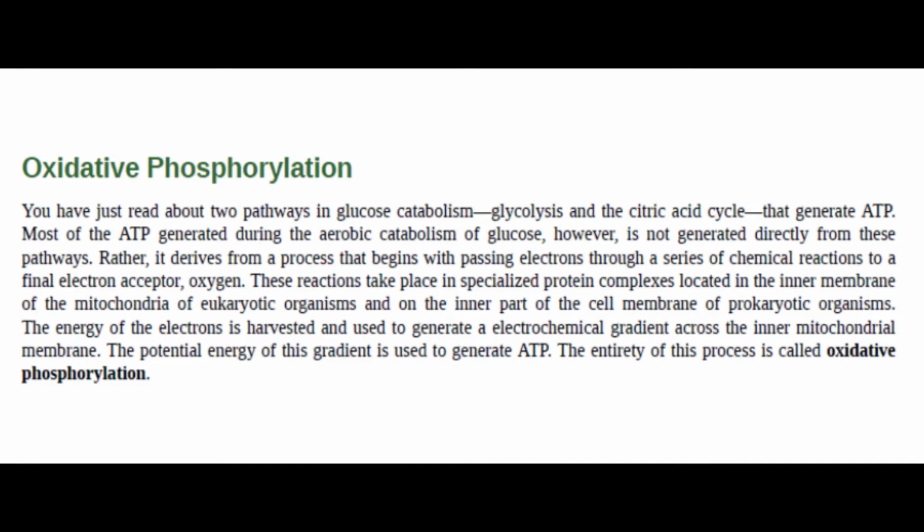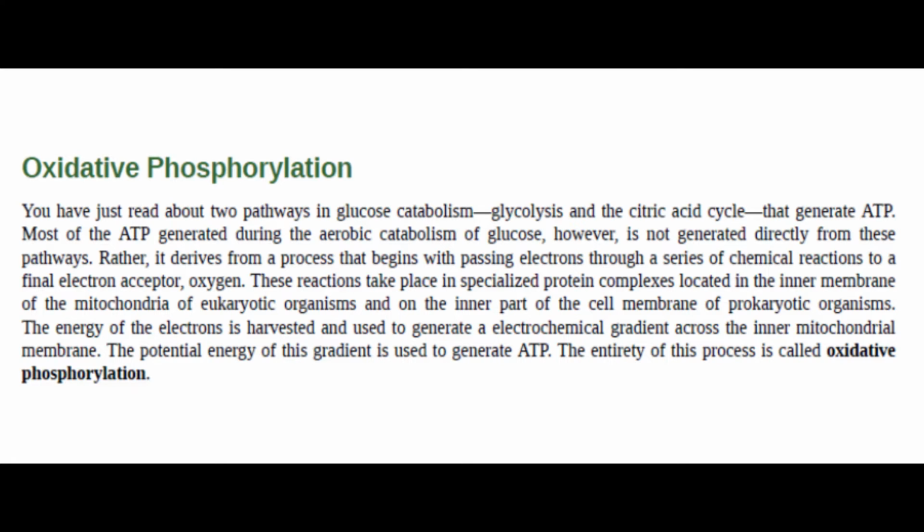Oxidative phosphorylation. You have just read about 2 pathways in glucose catabolism, glycolysis and the citric acid cycle, that generate ATP. Most of the ATP generated during the aerobic catabolism of glucose, however, is not generated directly from these pathways.